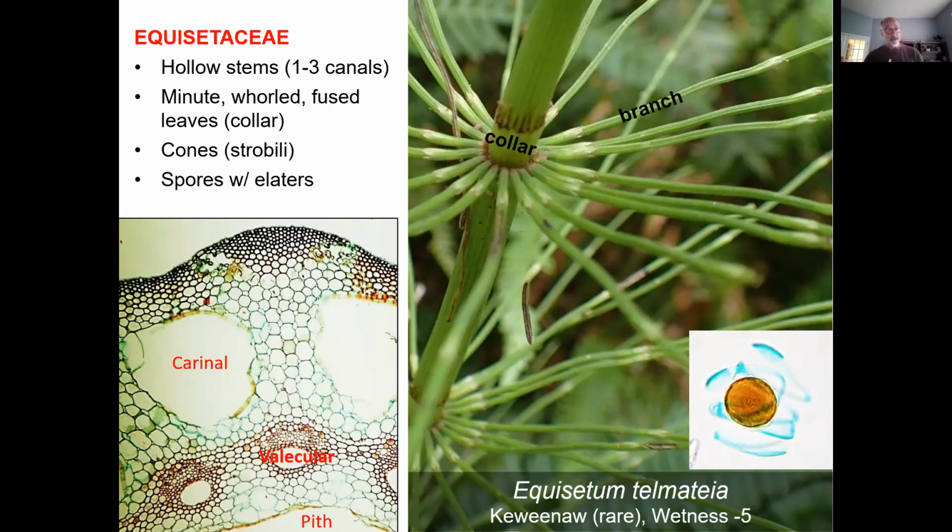It does have leaves, and the leaves are, in this clade, minute. They're whorled in their attachment, and they're fused together into a collar. So here is a collar of those leaves, and right here is the tip of one leaf. And so this is one leaf about right here. This is a separate leaf about right here.